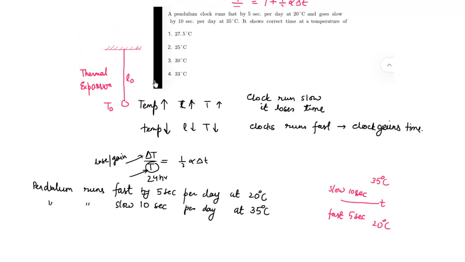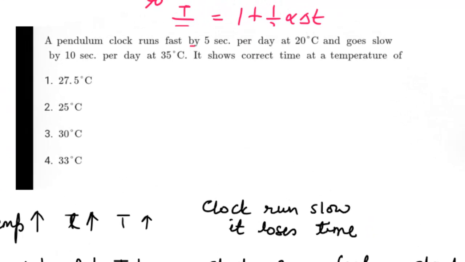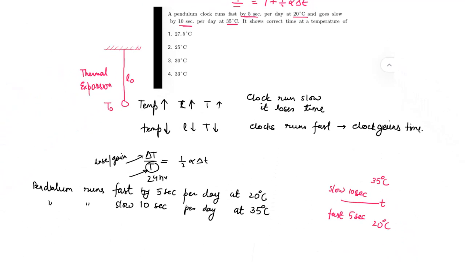Now according to the question, the pendulum runs fast by 5 seconds per day at 20 degrees Celsius and goes slow by 10 seconds per day at 35 degrees Celsius. So I have written this here also.